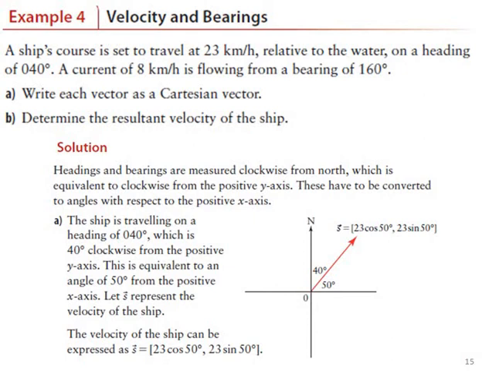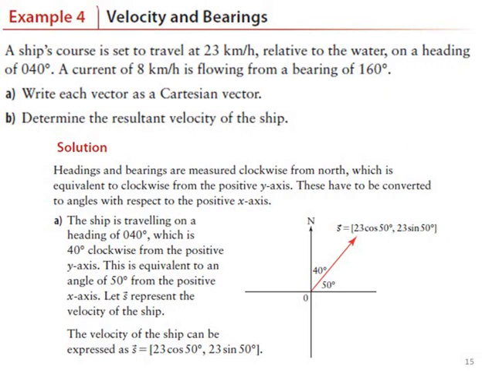So we can say that headings and bearings are measured clockwise from the north, which is equivalent to clockwise from the positive y-axis. So these have to be converted to angle with respect to the positive x-axis. So the ship is traveling on the heading of 40, which is going to be 40 degrees from the positive y-axis, as you see here in this picture.